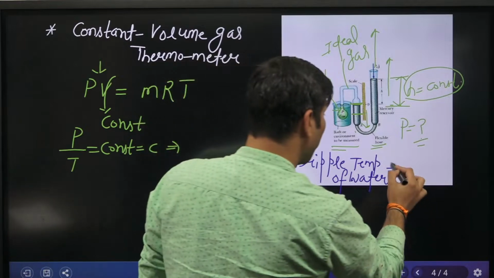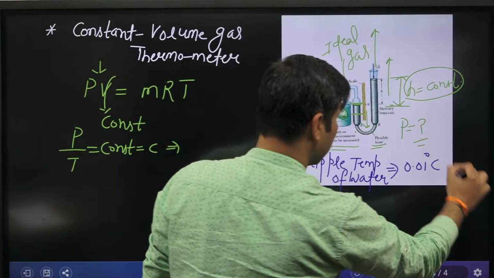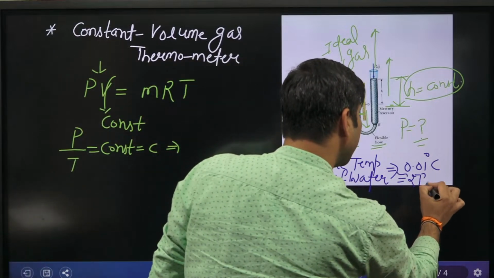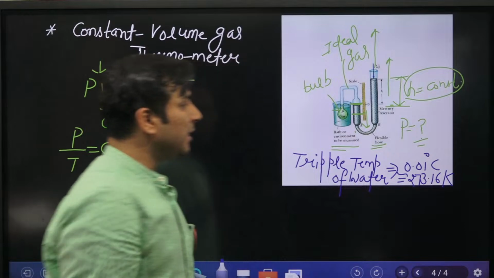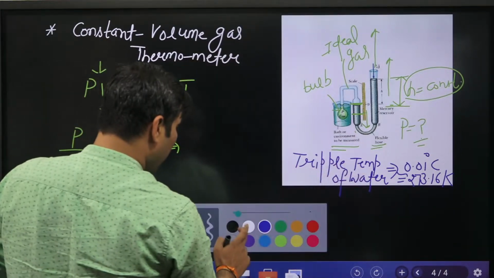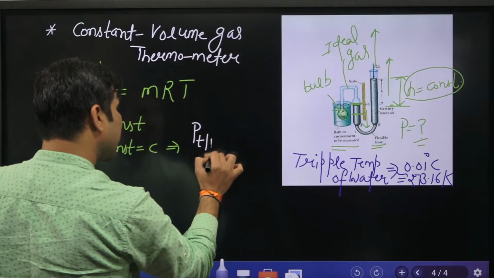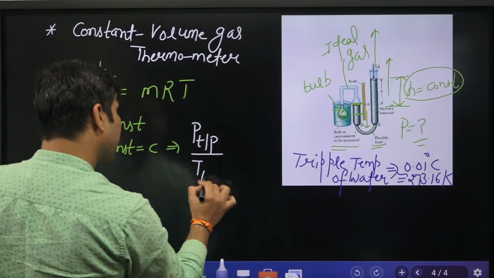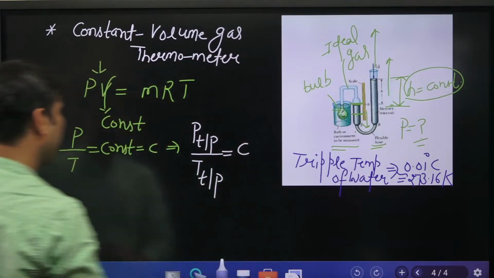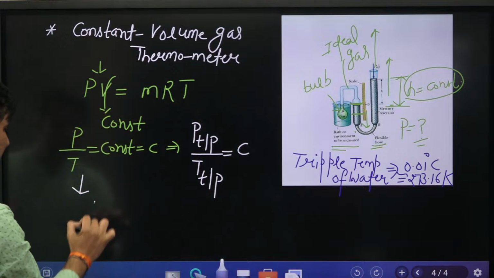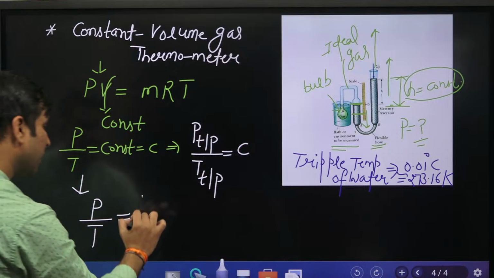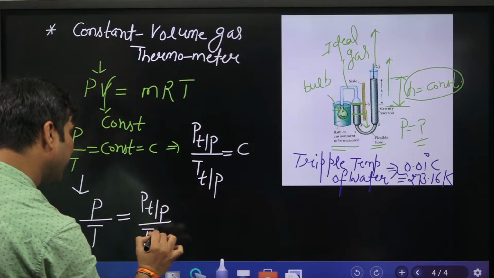The triple point of water, you know, is 0.01 degrees Celsius, or 273.16 Kelvin. This is the triple point temperature. If you measure P_TP, the pressure at triple point, and T_TP, the temperature at triple point, that is a constant, equal to some constant C. Now if there is some change in pressure and you want to measure the change in temperature, you can equate it with P by P_TP times T_TP.